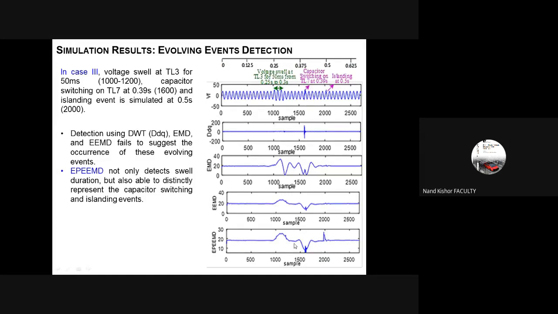And you can see here that using this technique, the capacitor switching event and the islanding event are clearly indicated. However, ensemble EMD can only indicate the capacitor switching, but the islanding event is not so pronounced here. The DWT wavelet could only indicate capacitor switching, and EMD has some indication of the events, but not completely.